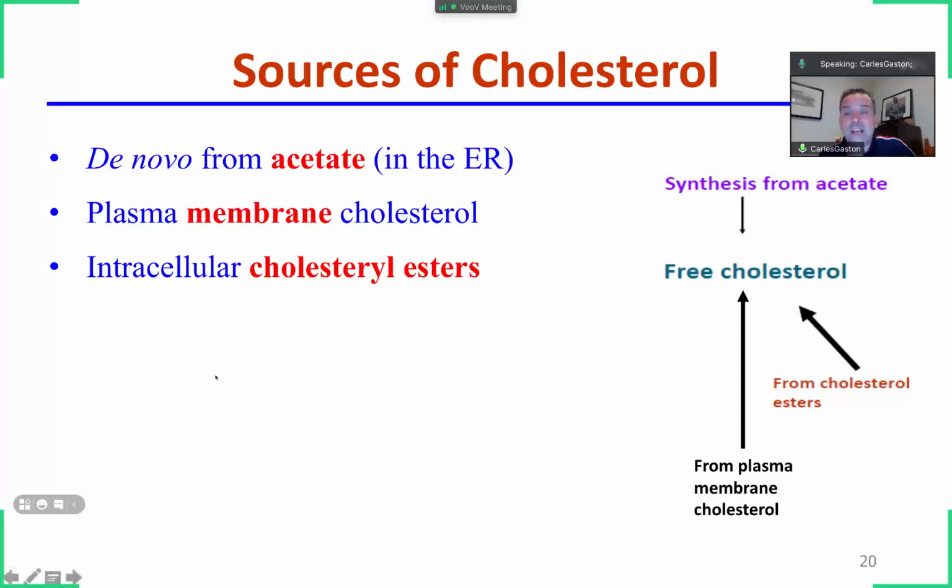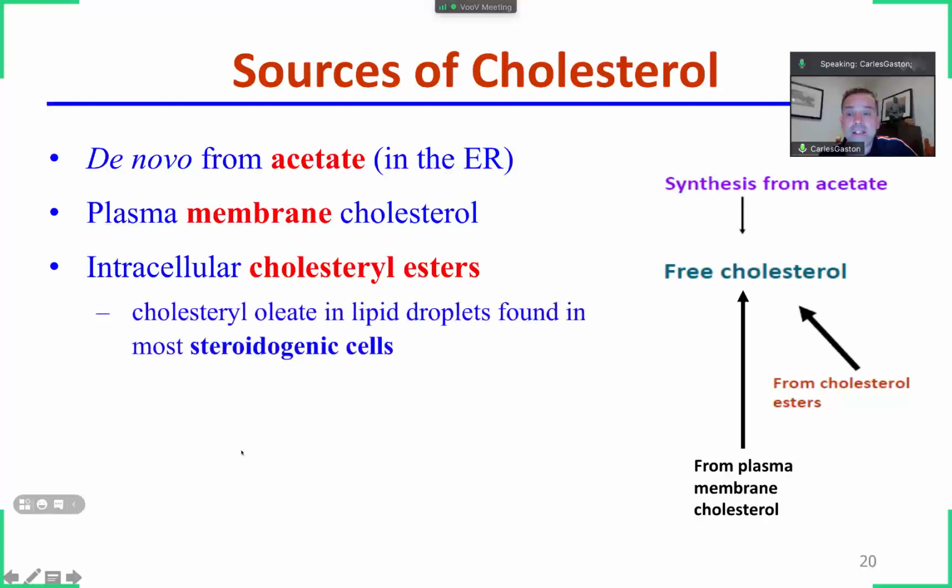Also, intracellular cholesterol esters are present, such as cholesterol oleate in lipid droplets found in the steroidogenic cells. That's how it can be accumulated before being modified.